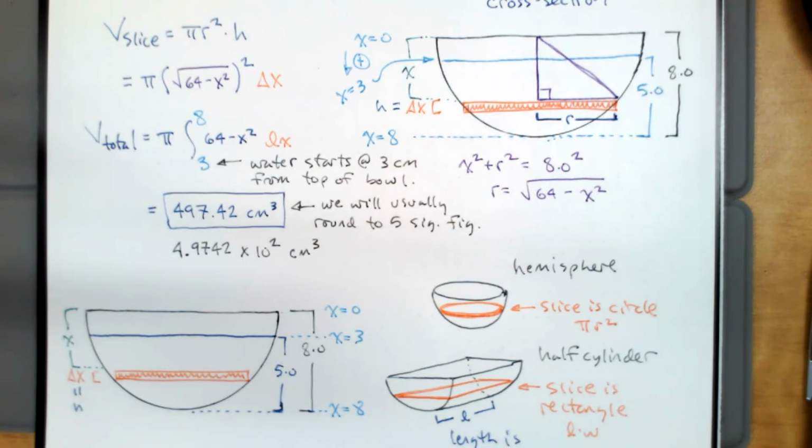So if instead of having this hemispherical bowl, we have a half of a cylinder with a radius of 8 centimeters, and let's say a length of 11 centimeters.